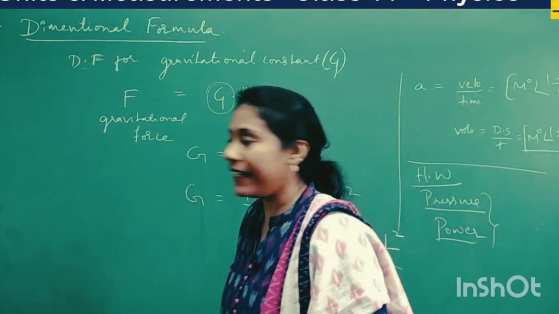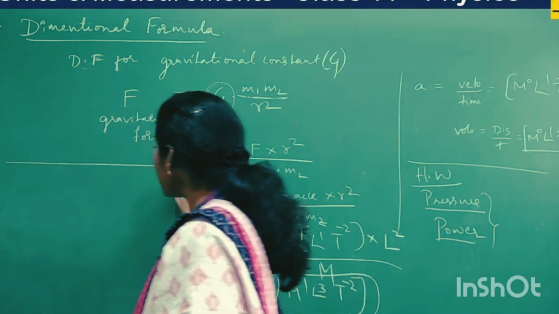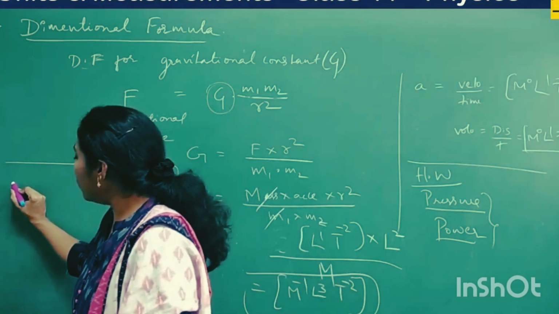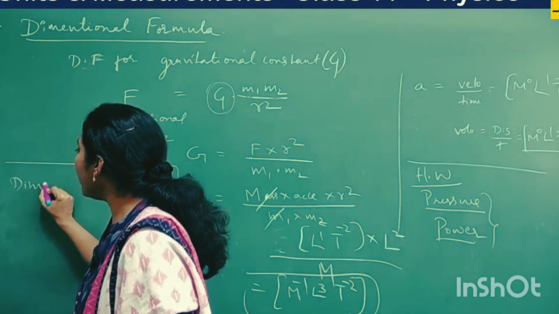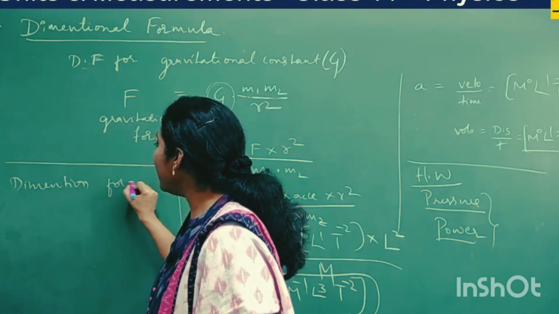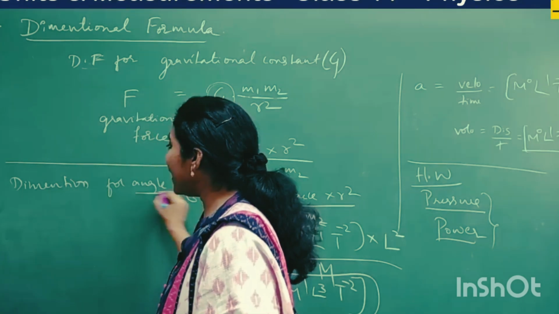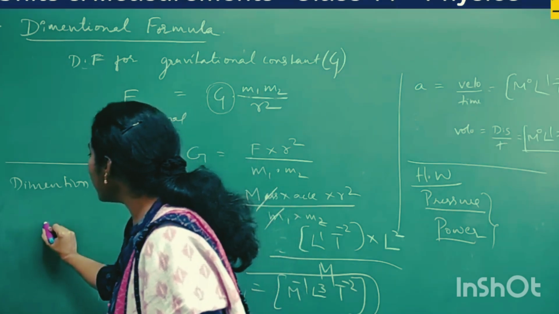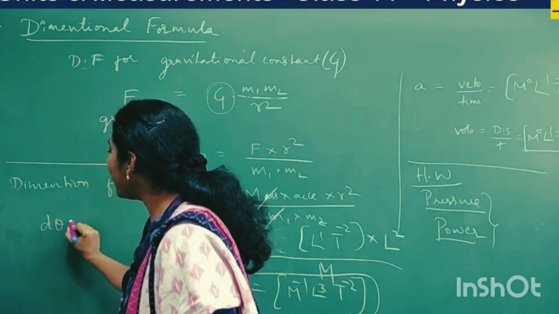Everything we studied, right? Okay, so now one more question you have, that is, can you write the dimension for angle? Is there a dimension for angle? We studied plane angle. So can you all write the dimensions of plane angle? What is the formula for plane angle?